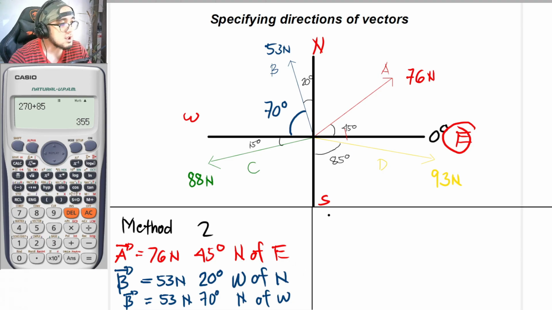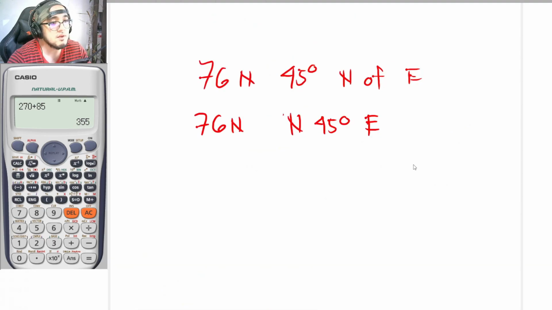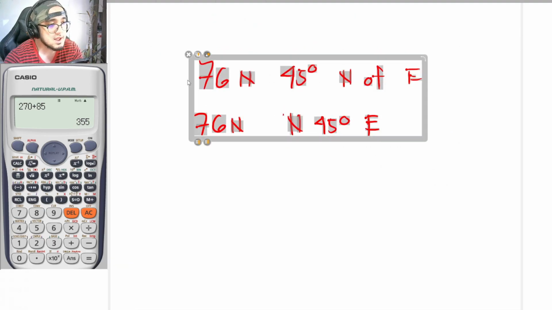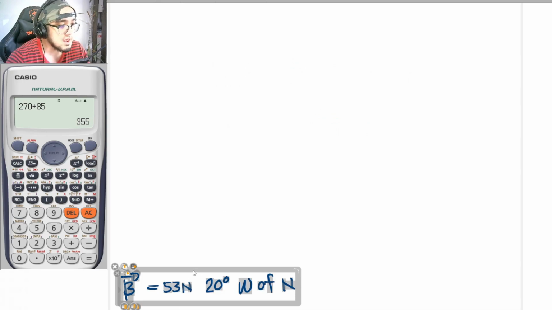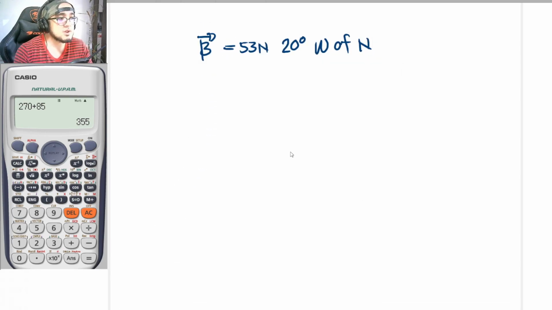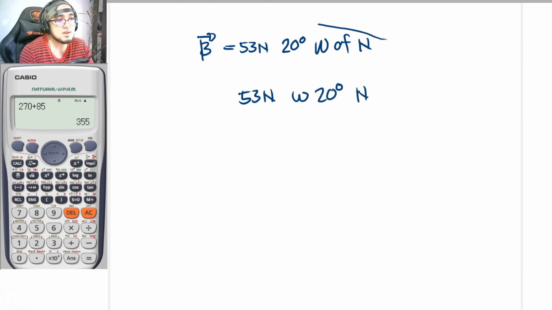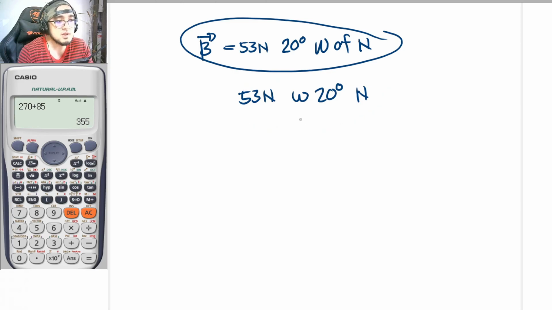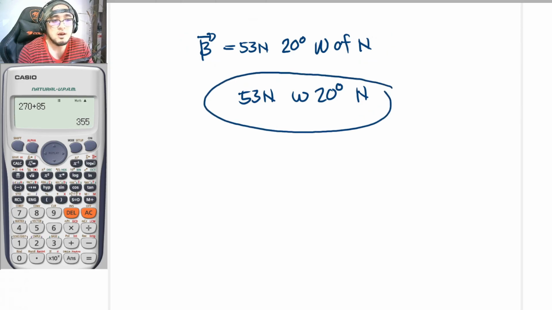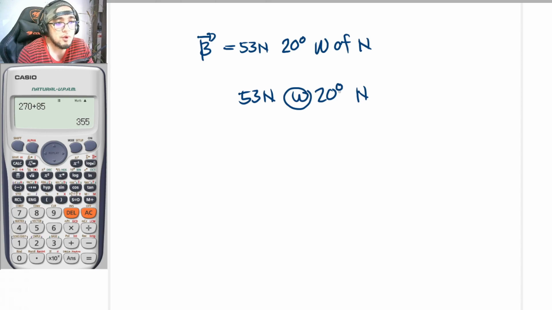Okay, so once again, take note, guys, that if you would be making use of this nomenclature, it is to be different with this format. Let's erase this so you won't be confused, since I think you're already confused. Okay, so once again, this is not equal to 53 newtons west, 20 degrees north. So this is not the same, guys. Because if you would be making use of this, from west, you would now be going 20 degrees north. So west, 20 degrees north.